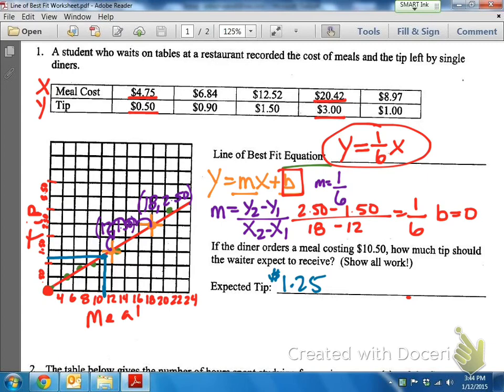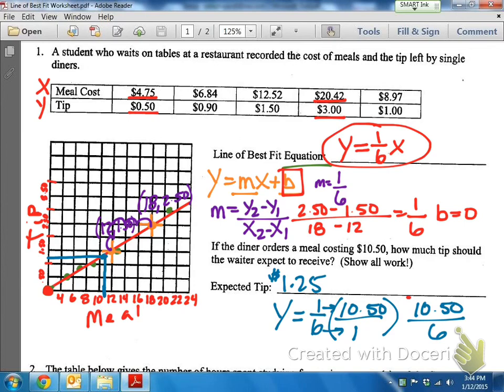Or you could plug it in to your equation that you just made. So you would get y equals 1/6 times, and again, $10.50. So 10.50 over 1. Again, you can multiply straight across. So it would be 1050 divided by 6.